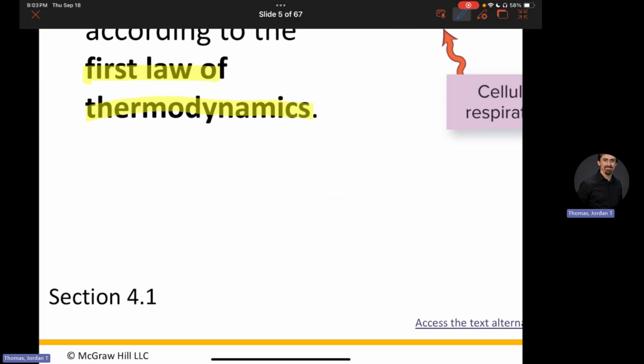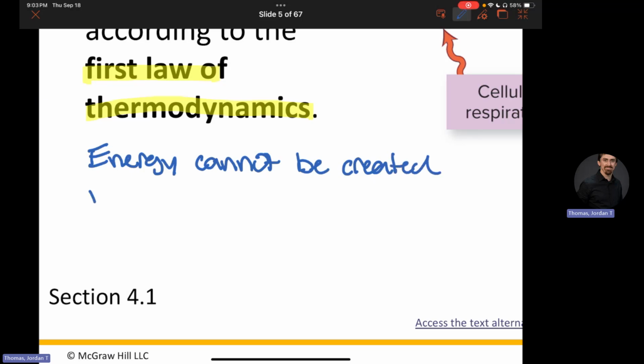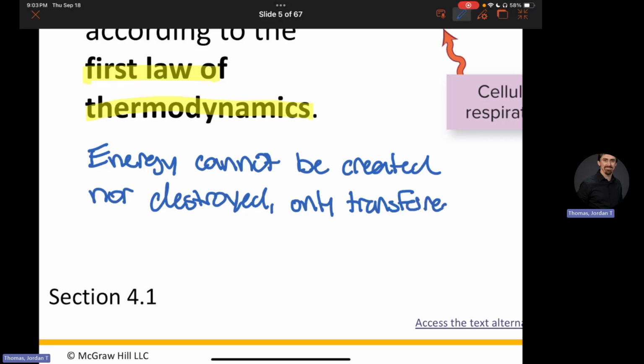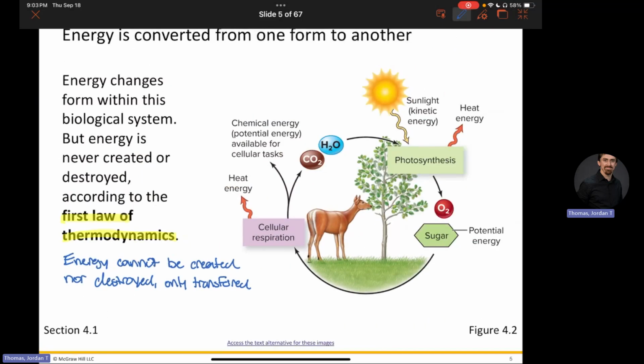Right at the bottom: energy cannot be created nor destroyed, only transferred. So energy cannot be created nor destroyed. It's only transferred from one form to another, from potential to kinetic. It can be kinetic to potential as well.